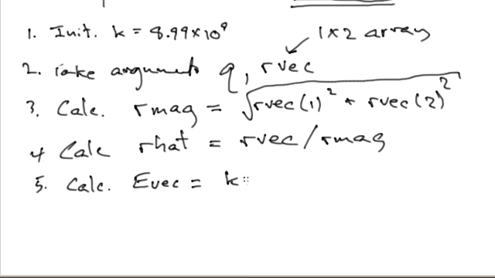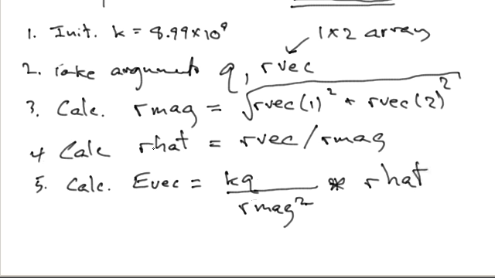In the computer program itself, it's k q over r squared, r mag squared, times, I will put the asterisk there, r hat. I've got an r hat, and that's what I'm returning.